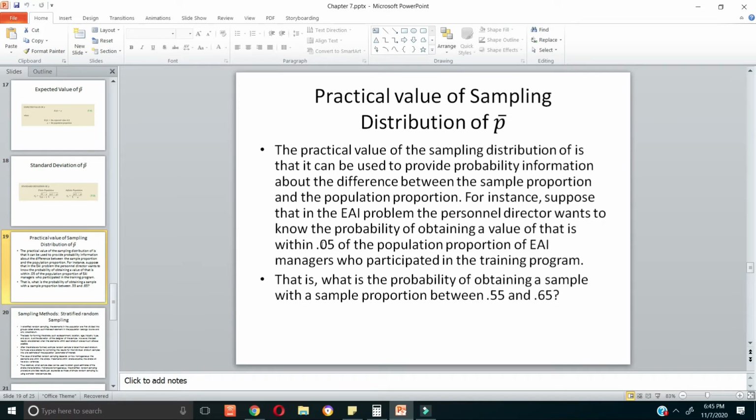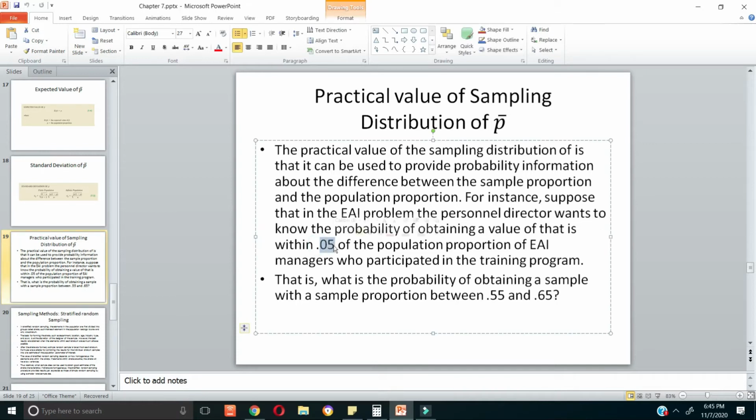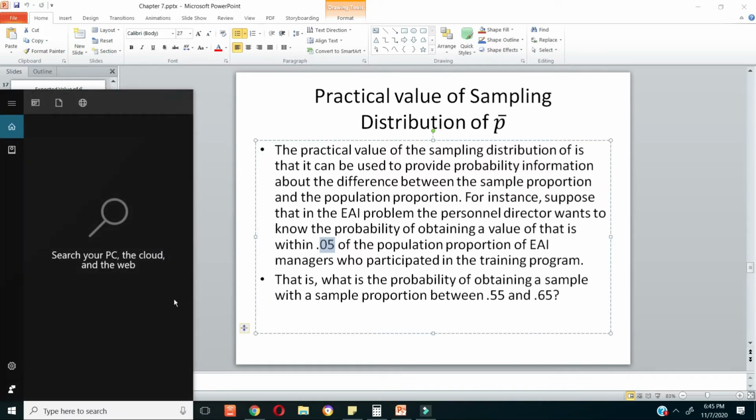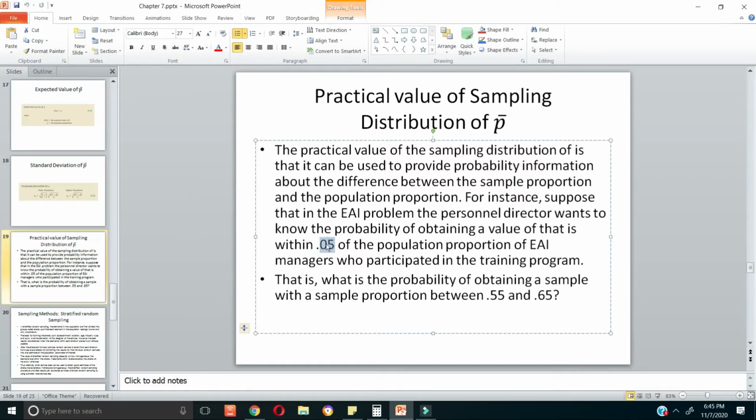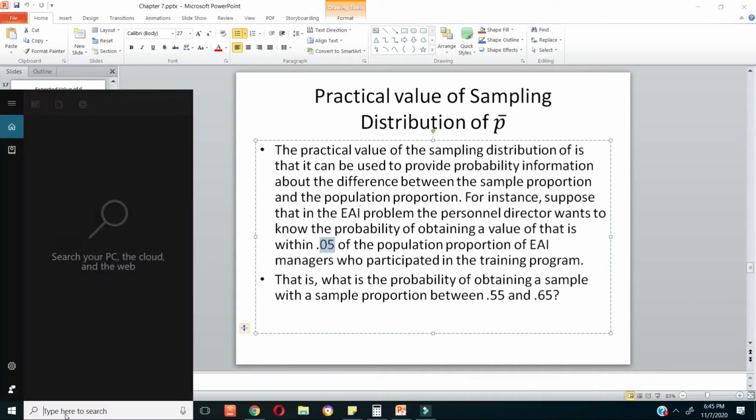We know that the proportion was 60% of the people studied had taken the management training program, and you want to find the probability that any sample obtained will have a proportion within 0.05, or 5%, of the actual population proportion.